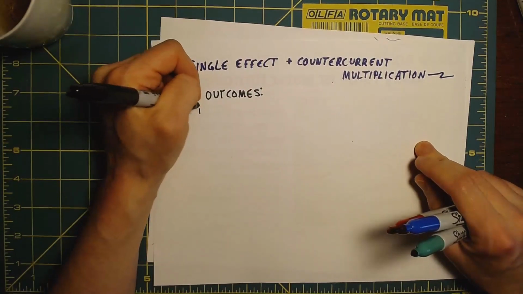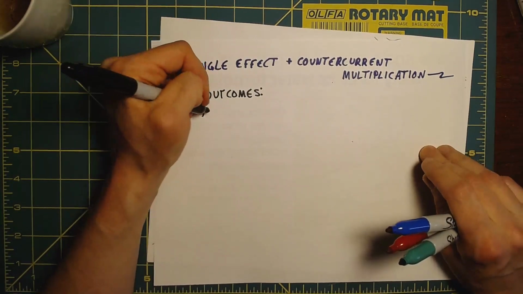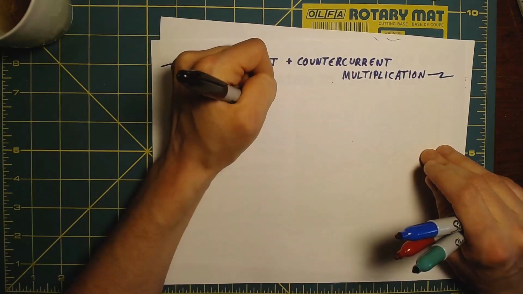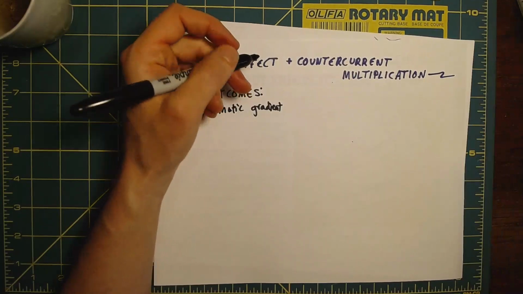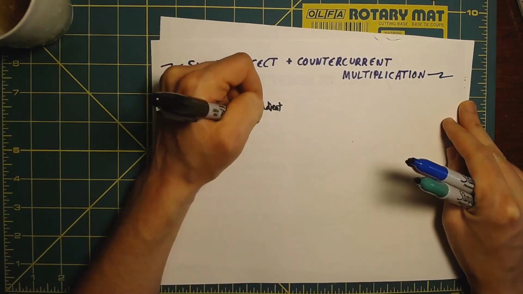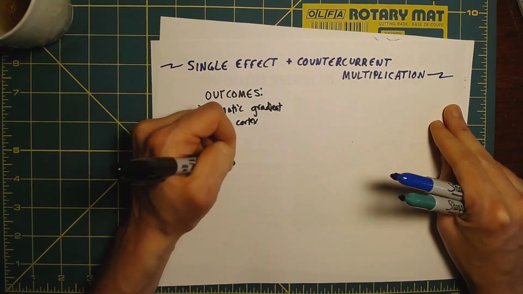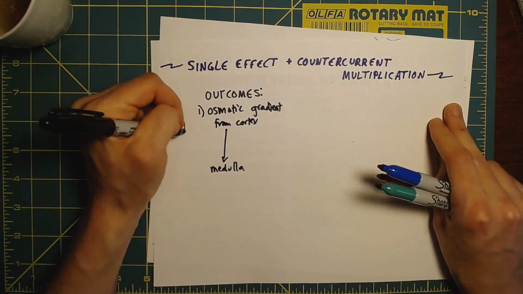So first, it's going to establish an osmotic gradient from the outer portion of the kidney, so from the cortex, towards the inner portion of the kidney, the medulla, right, towards the tip of the loop of Henle, right?